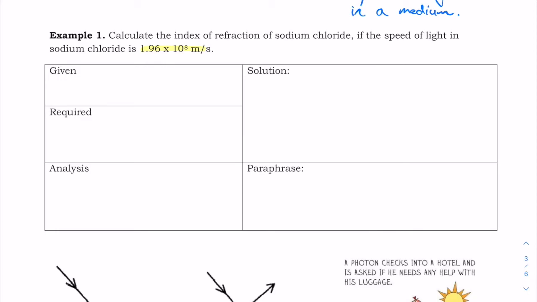So what are we given? We're given v, the speed of light in sodium chloride. In this case, it's 1.96 times 10 to the 8 meters per second. And I know it seems like that's all you're given in the question, which is technically true, but something that you always know is c, the speed of light in a vacuum.